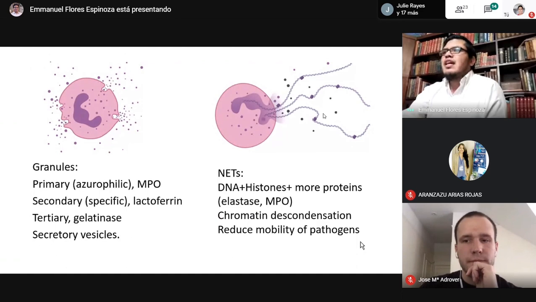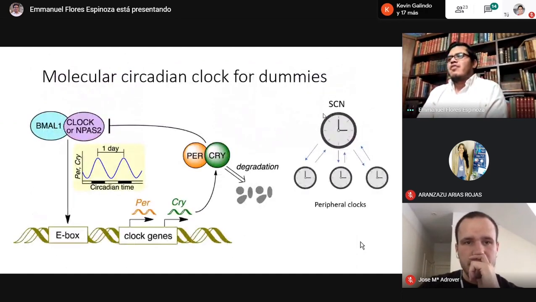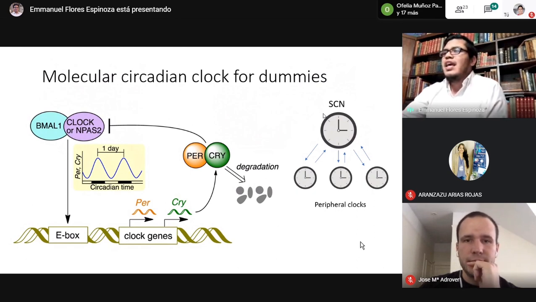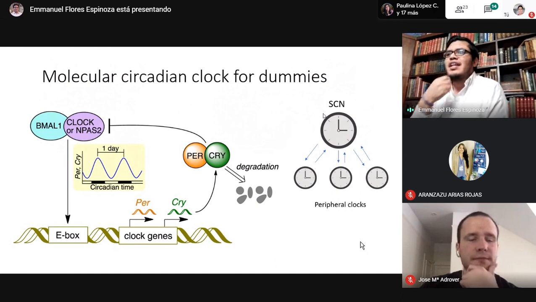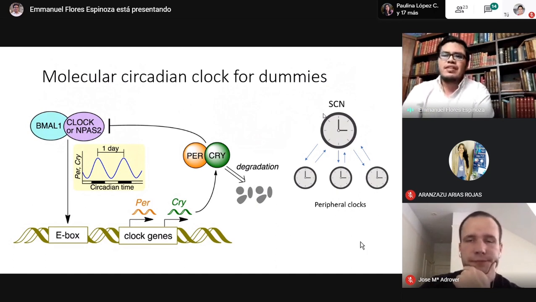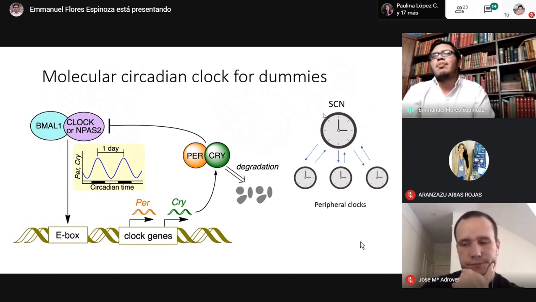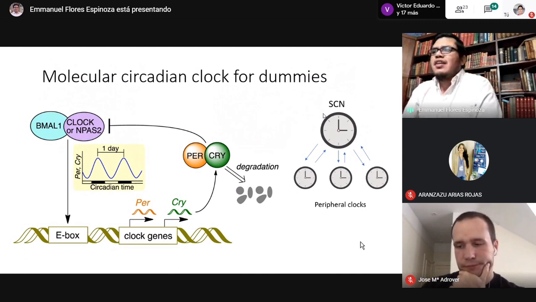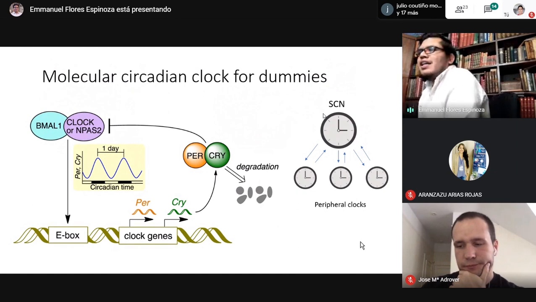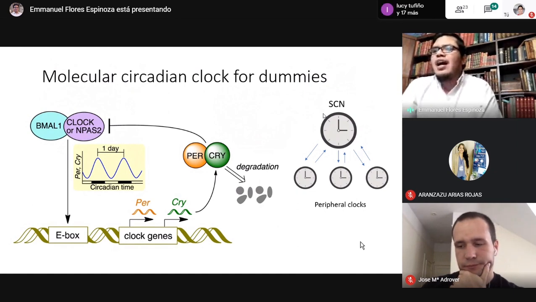And well, the molecular circadian clock, on the other side, is an important concept that the authors approach in this work. The molecular circadian clock is present in many of the cells of the body, and it consists of different proteins that have a circadian variation in their expression and form regulation loops.